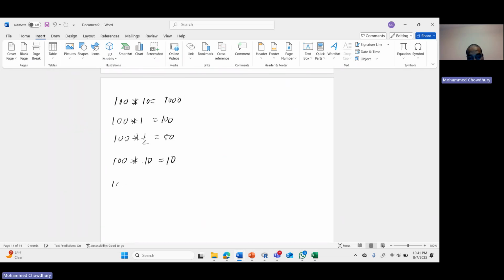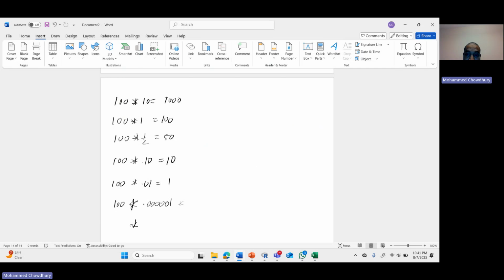If you fix one number and keep changing the other number one after another, then if you multiply it by 0, 0, 0, what then? It will be 0, right? So similarly, if you go closer and closer to 0, then it will become 0.